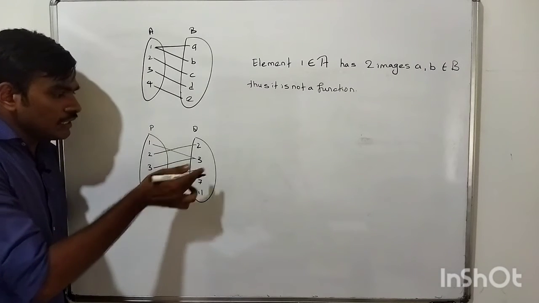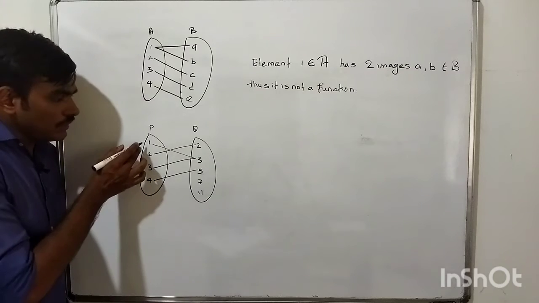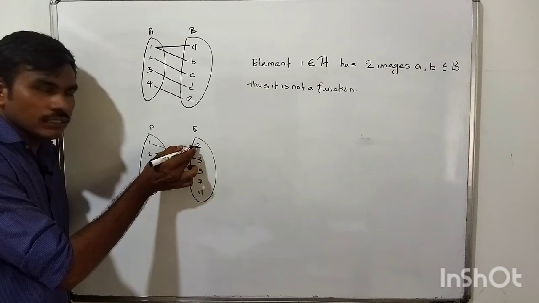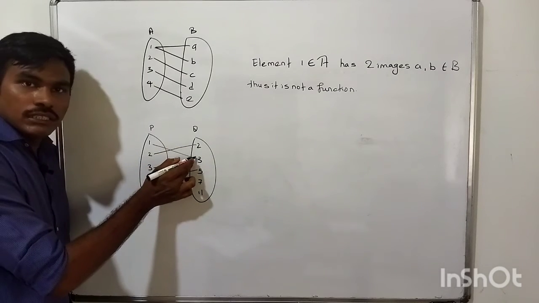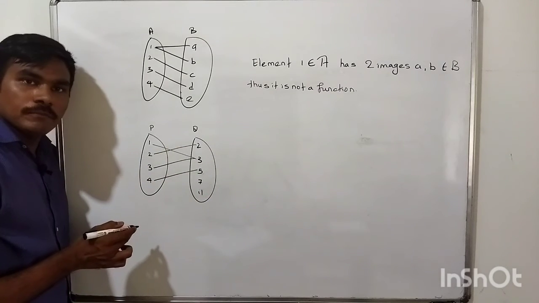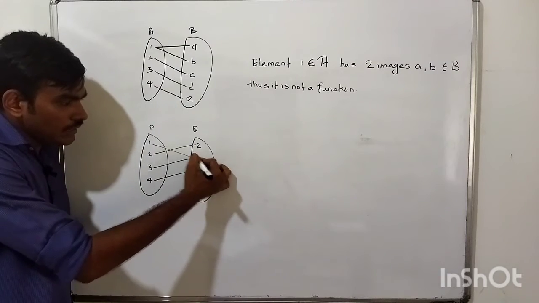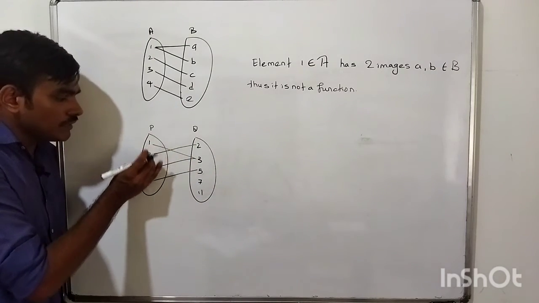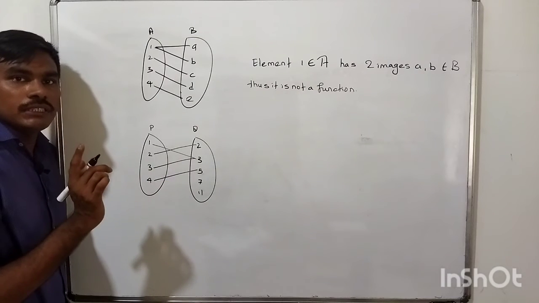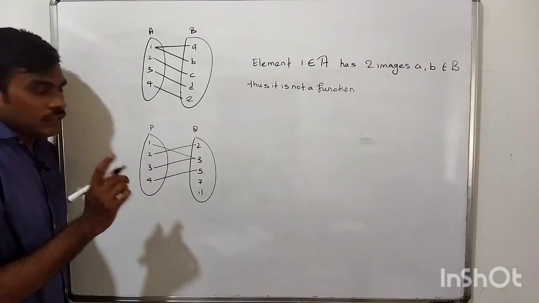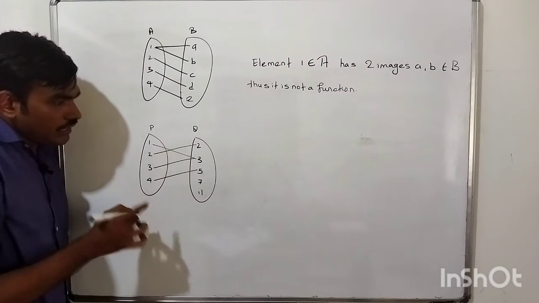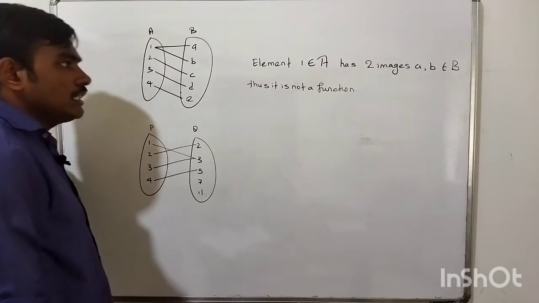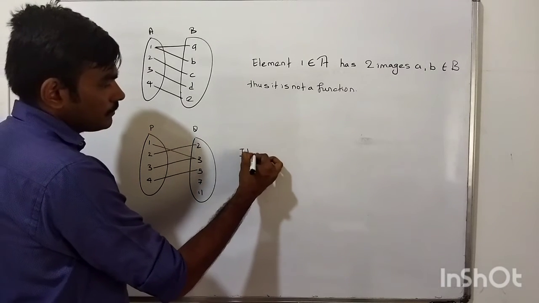Each element of the first set has how many images? First, 1 has one image, not more than one. 2 has one image, 3 has one image, and 4 has one image. Here the element 3 has two pre-images, but that we are not seeing. We are only seeing whether every element of the first set has one and only one image, minimum one, maximum one. So this can be said to be a function.